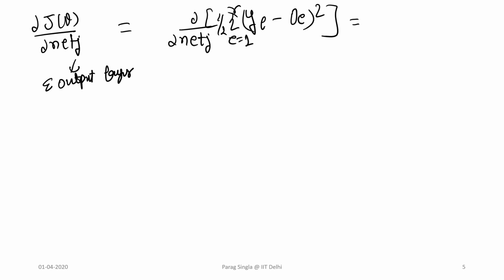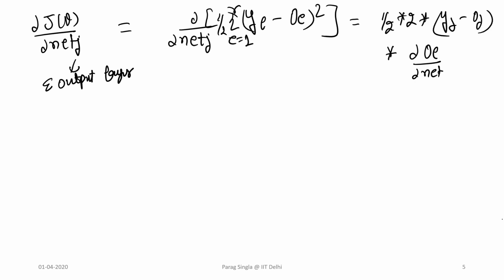All other terms will vanish because other outputs do not depend on net j, the linear combination being computed in unit j. Therefore, this will become half into 2 into yj minus oj, where we have put j equal to l, that is the only non-zero term, into delta Ol over delta net.